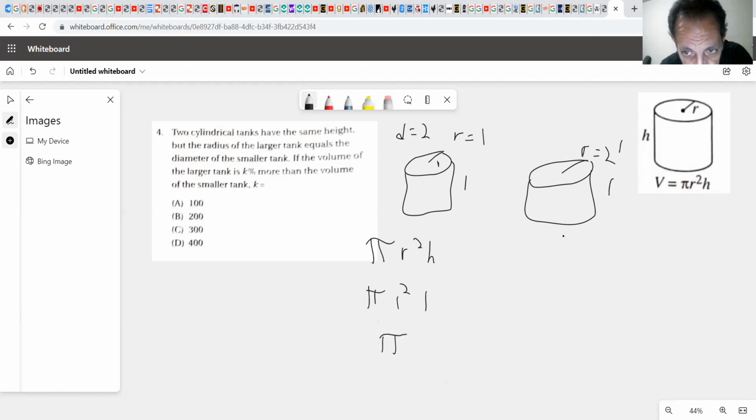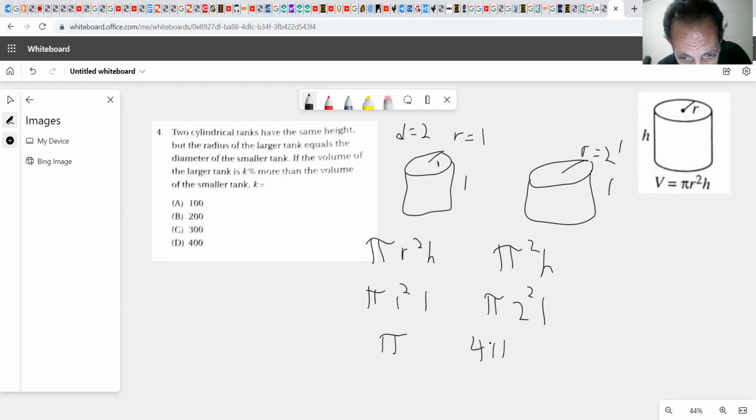Then let's do the same thing for the larger cylinder. Pi r squared h, but in this case the radius is now 2, so it'll be 2 squared, keeping the same height of 1. 2 squared is 4, and 4 times 1 is 4, so it'll be 4 pi.